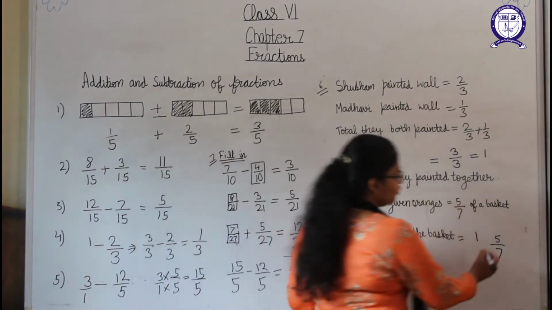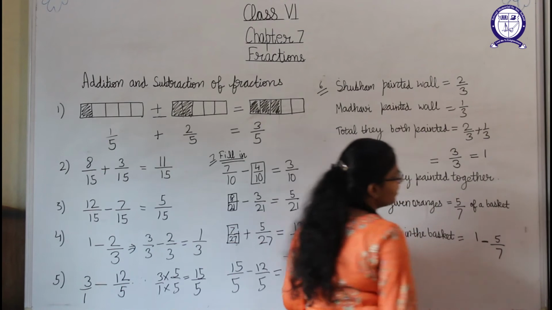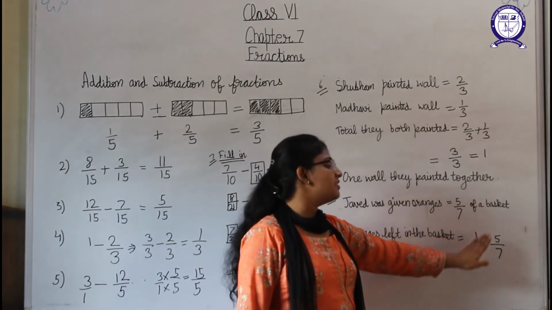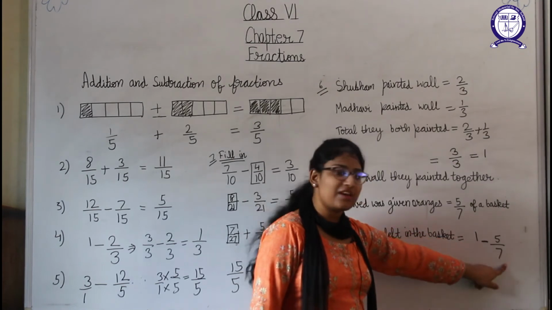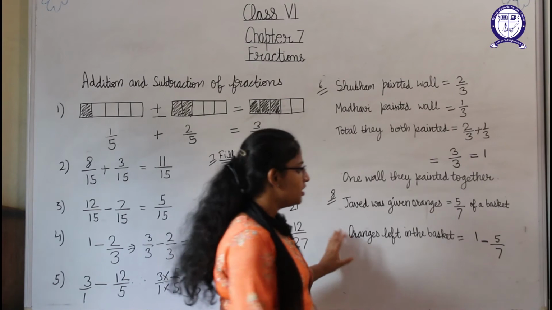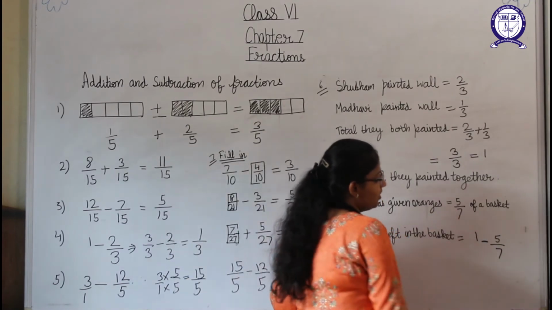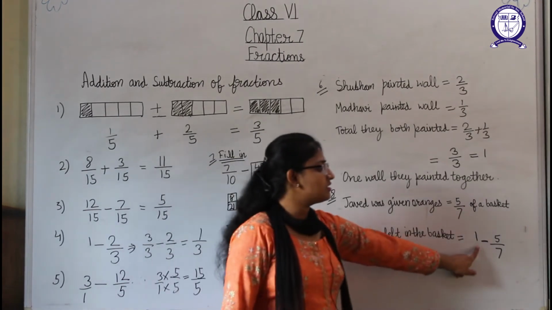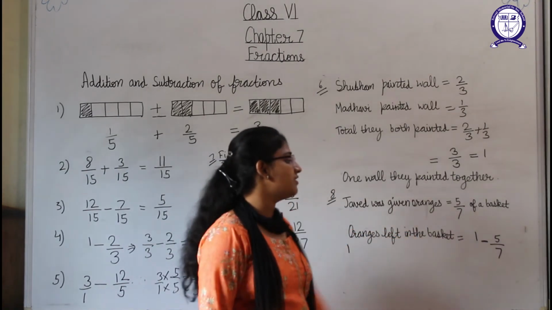So what we will do? We can subtract them. The oranges in the one basket, and we can subtract 5 by 7 from it so that we can get how many are left. Okay, so in this, one is the first number here, or we can say first fraction.